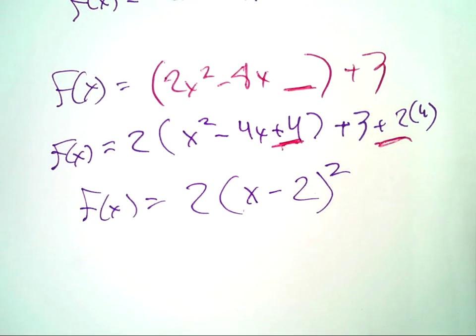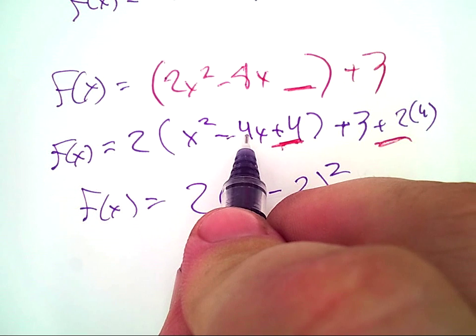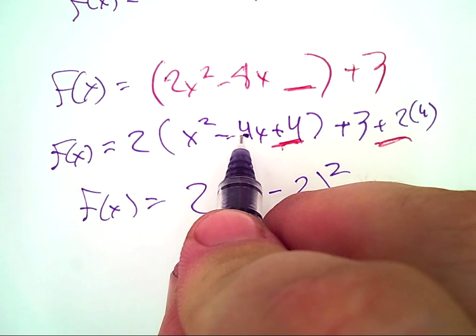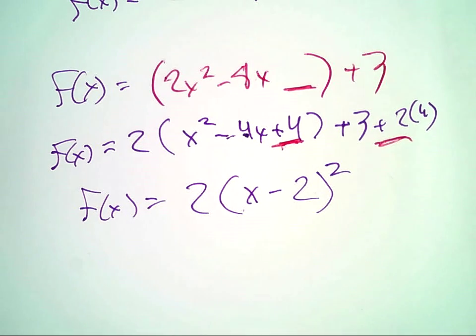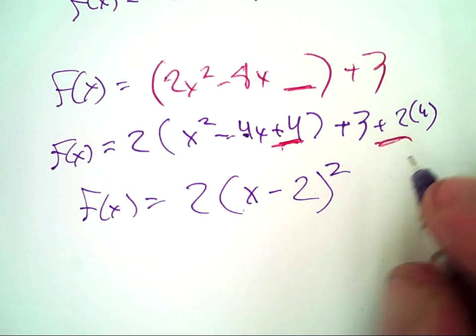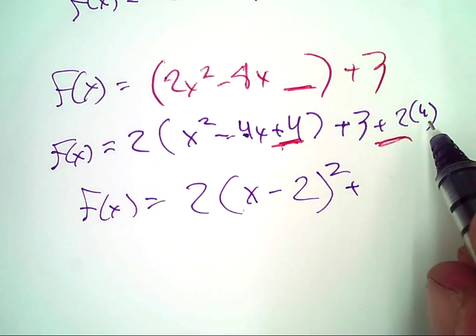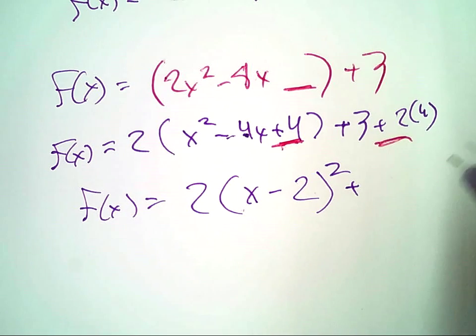Negative 2. Negative 4 divided by 2 is negative 2, right? Remember, b divided by 2 is what goes in here. Squared. And then plus 2 times 4 is 8. Plus 3 is 11.